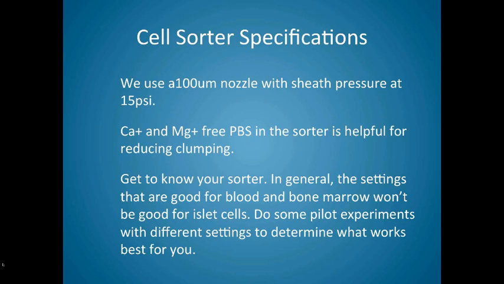The blood and bone marrow tends to be sorted under higher pressure and with a smaller nozzle, and those can just shred the islet cells. So if you're doing a typical 70 micron 45 psi sort, you're not going to end up with very many viable cells at the end. So larger nozzle and lower pressure.